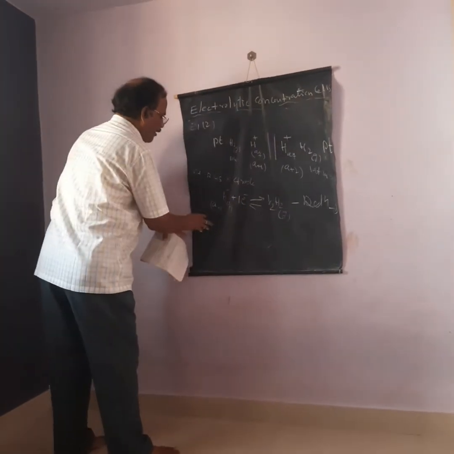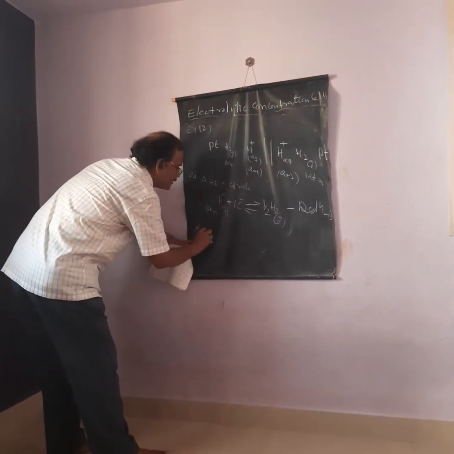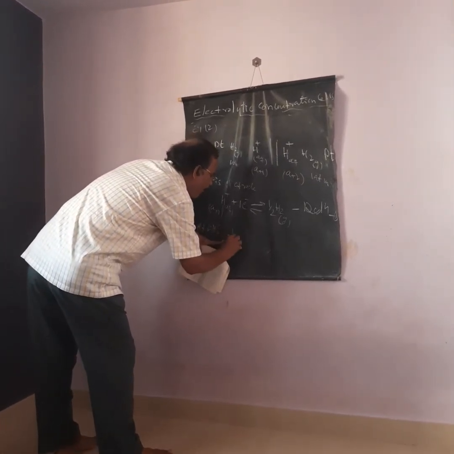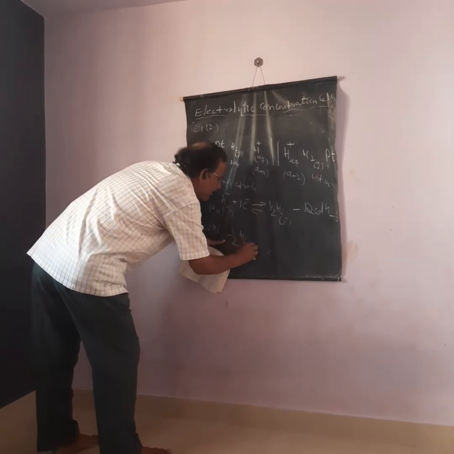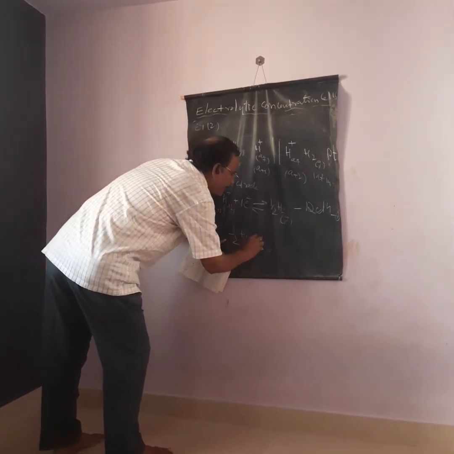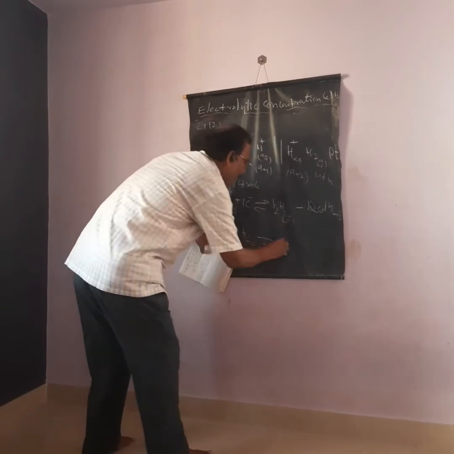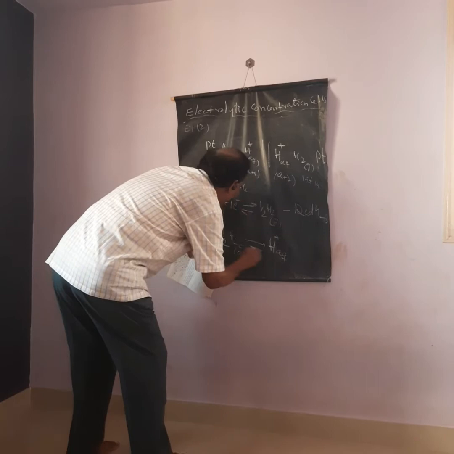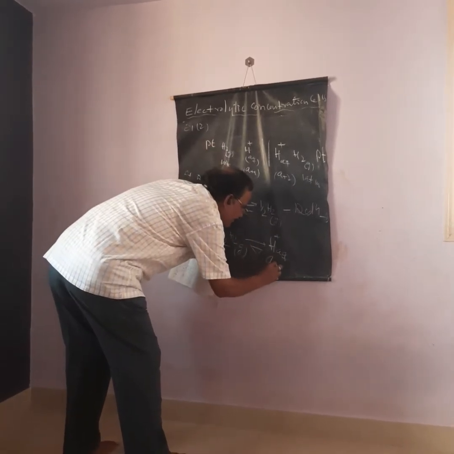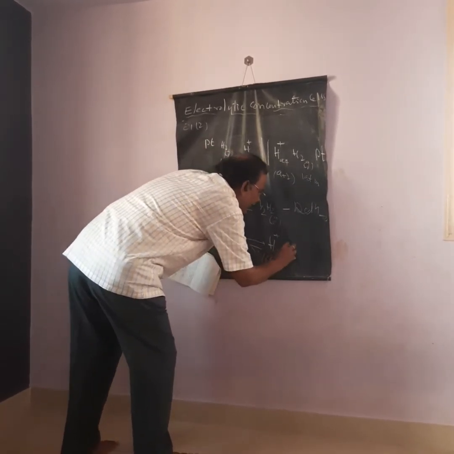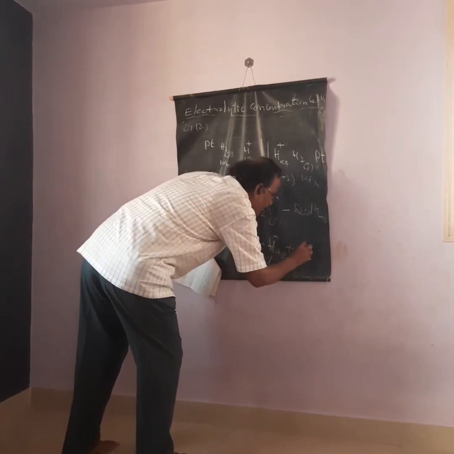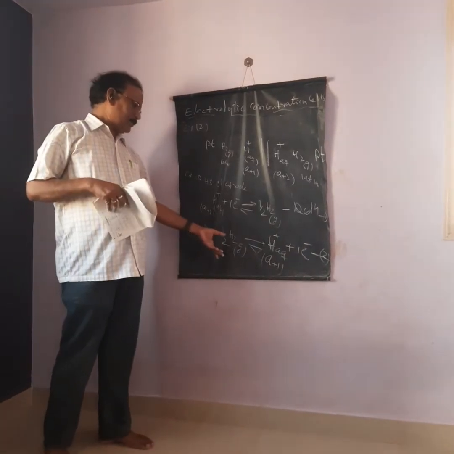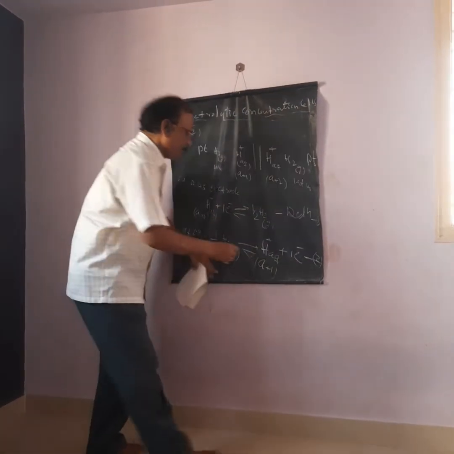Similarly, at the LHS electrode, half H2 gas gives rise to H plus aqueous at the activity A plus 1 plus 1 electron. Equation 2. It is a reduction at the right, and oxidation here.